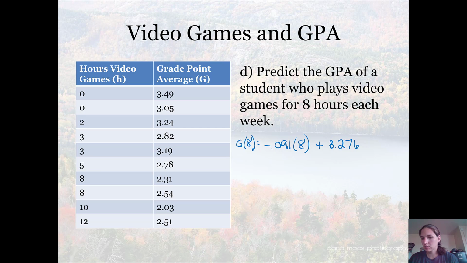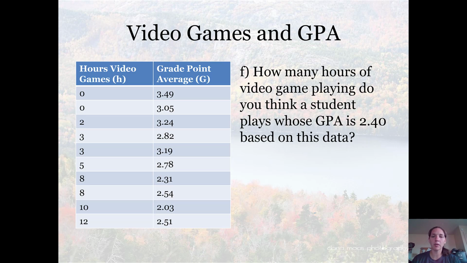Let's see. 2.548 is what I get for their GPA, so about 2.55, which makes sense based on these two values. It's close. My trend should be close.